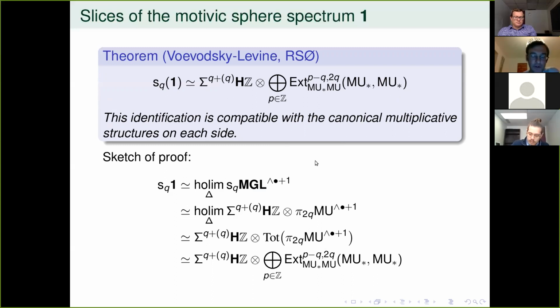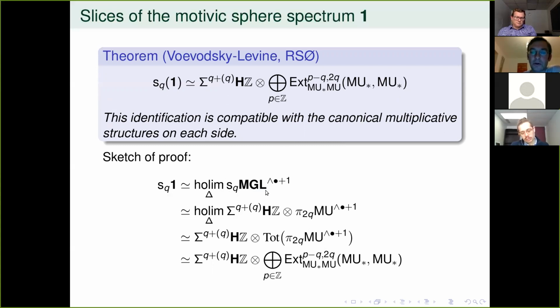Okay, and to prove this theorem, of course, we use the lemma, which gives that the q-th slice of the sphere spectrum is the homotopy limit of the q-th slice of these iterated smash powers of MGL.